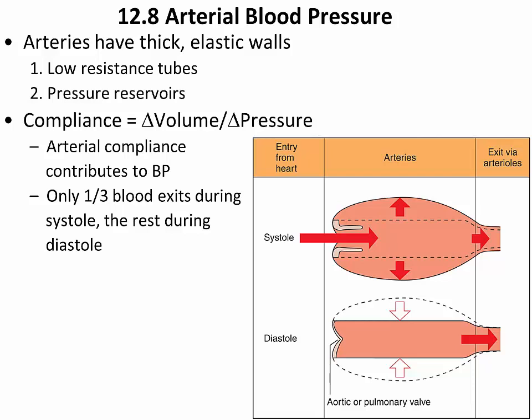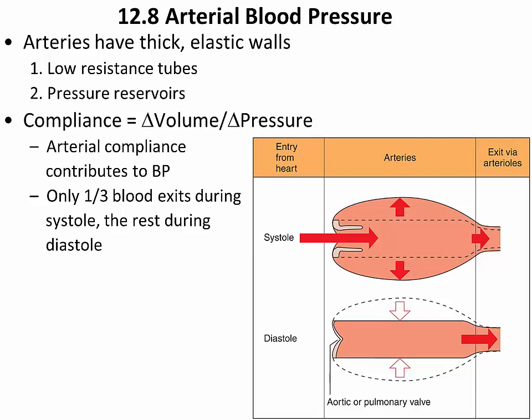So arterial compliance contributes to blood pressure. The arteries stretch, but then they snap back to their original shape. They have this intermediate compliance that allows them to stretch, but they are not so compliant that they won't push back to their original shape.